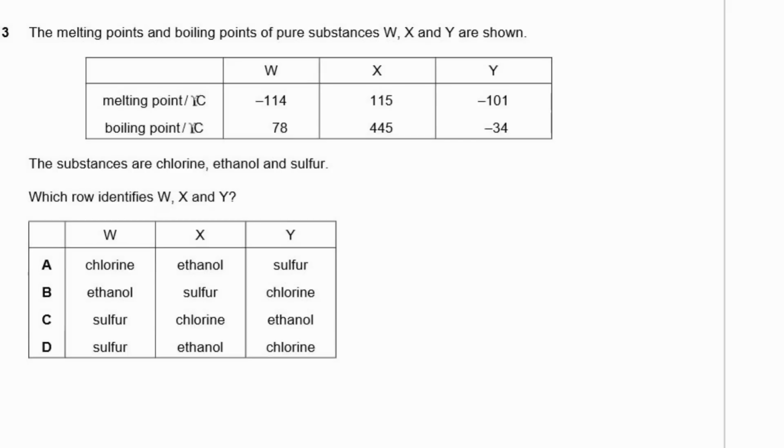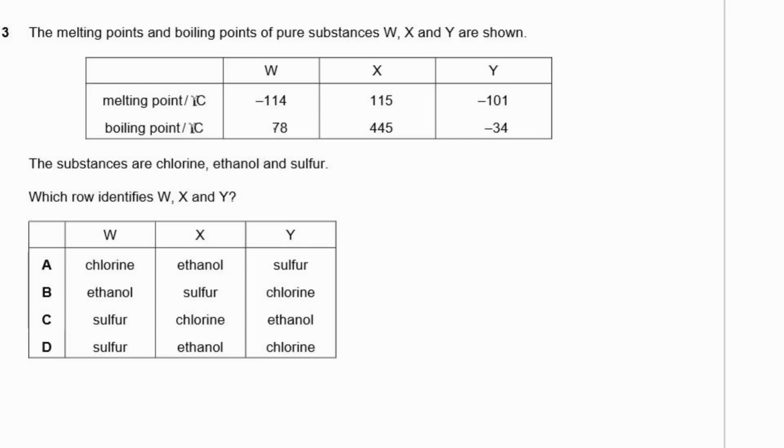Question 3. The melting points and boiling points of pure substances W, X, and Y are shown. The substances are chlorine, ethanol, and sulfur. Which row identifies W, X, and Y? The melting point of W is well below 0, minus 114, but the boiling point is well above 0, 78.